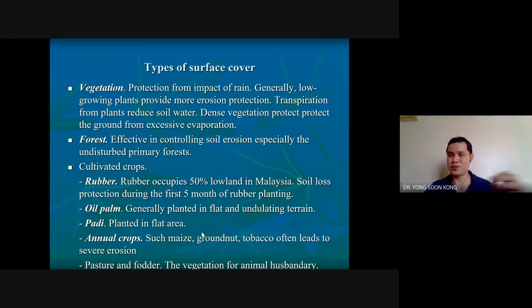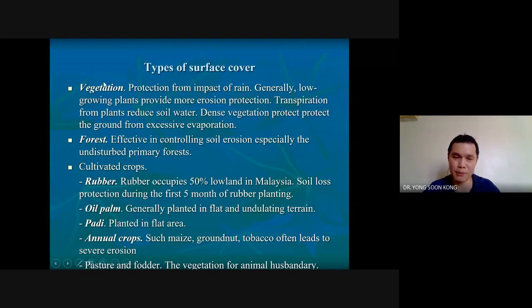Your ubi kayu, you don't just simply cut one small ubi kayu and let the entire tree grow. You just pluck the entire ubi kayu. So what happened? There's no longer surface cover. That's a problem. See, in agriculture, it depends on what you plant. And based on the different crops that you plant, it will have a different degree of erosion to the soil.